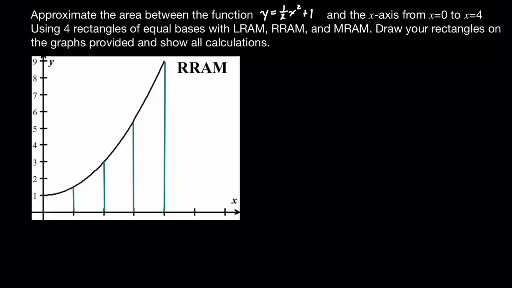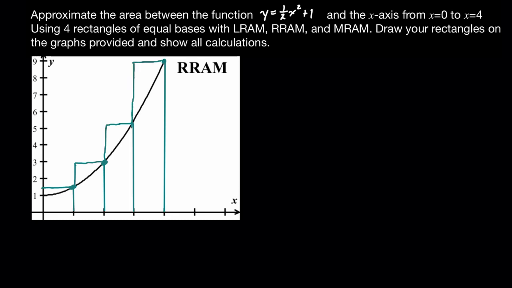All right, so the next one we're going to do is a RRAM. So we're going to come from the right side, where the right side of the rectangle hits the function, and come straight across. The right side coming straight across, and then we complete out the rectangle. Come straight across, complete out the rectangle, and likewise here as well.